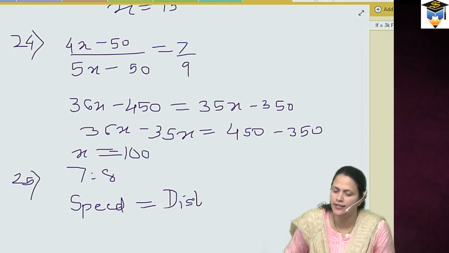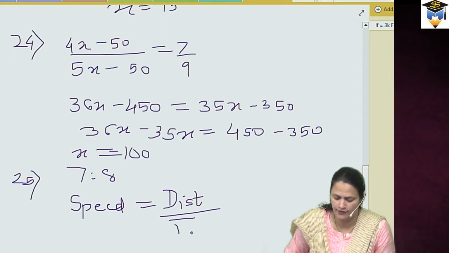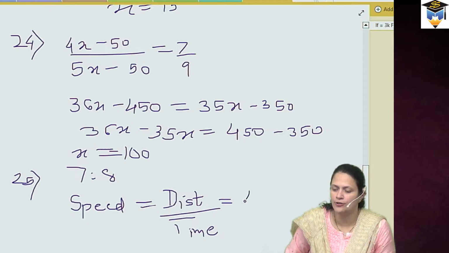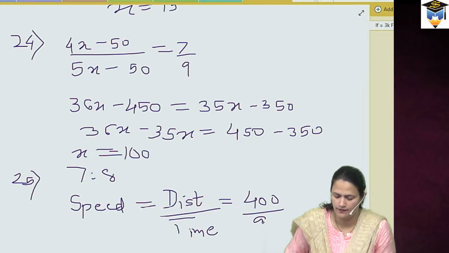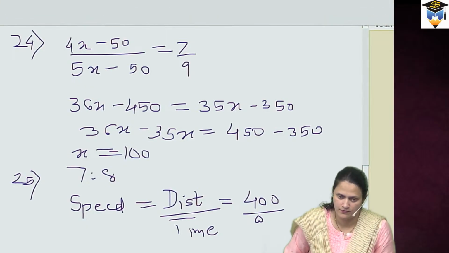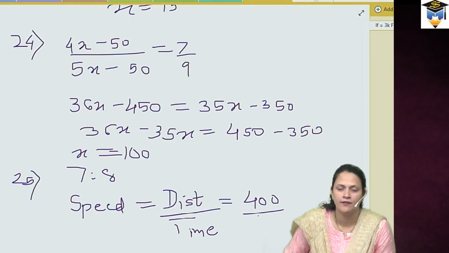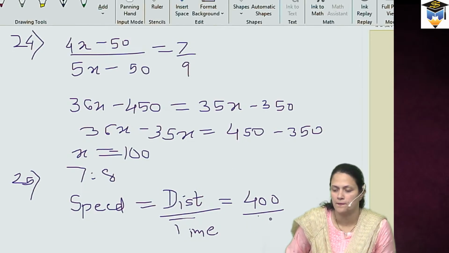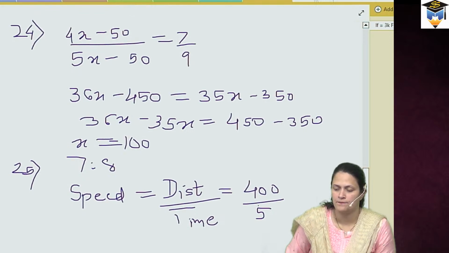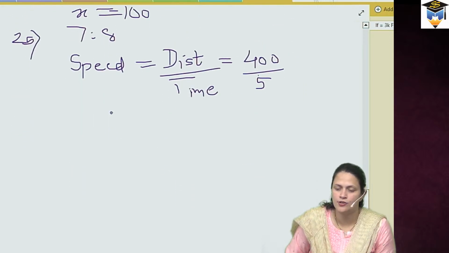So I'm going to write it down as 400 upon 5. So it is 80 kilometers per hour. Correct? Answer is going to be 80 kilometers per hour.